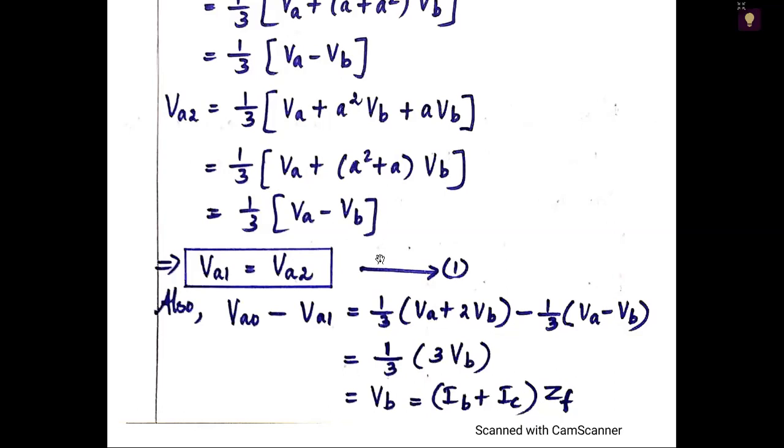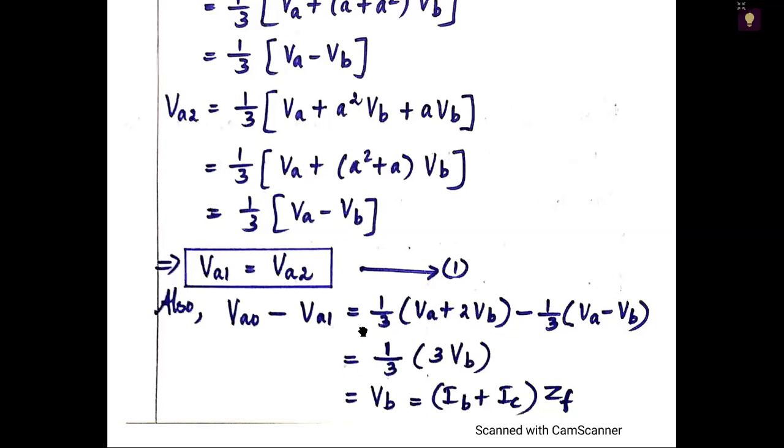Now let us look into VA0. We should find out whether the zero sequence voltage is 0 or it is included in the combined network. So we are taking VA0 minus VA1. We have proved that VA0 is not equal to 0.